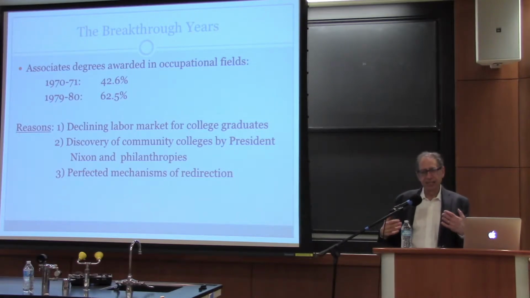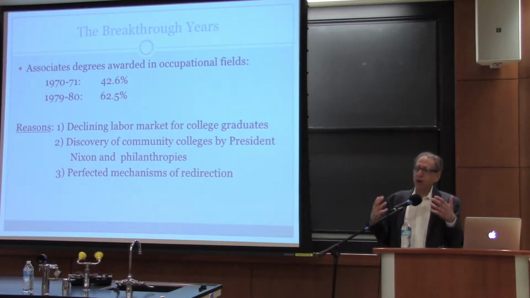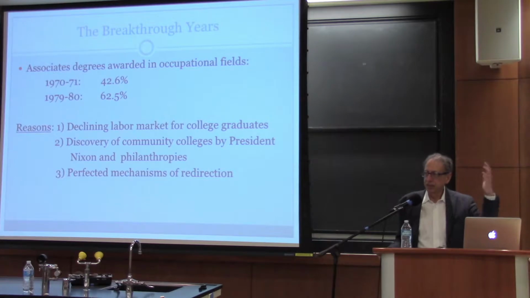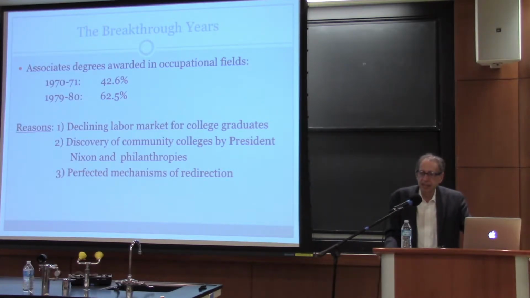But we were interested in why, even in the face of students' resistance and their wanting to get a bachelor's degree, these kinds of programs became dominant in community colleges. That was one of our interests. And the reasons were that there was a declining market at this time for college graduates, so college graduates were having a harder time getting jobs.